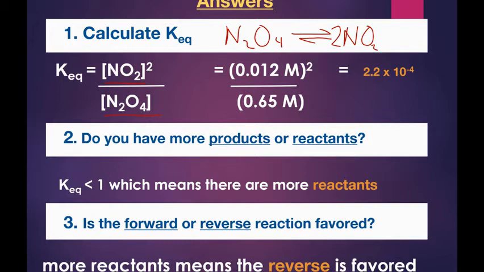So I do 0.012 molar squared divided by 0.65 molar, and that's going to give me 2.2 times 10 to the negative 4. So that gives me a KEQ of less than 1, which tells me that more reactants are favored. There's more reactants. Okay. And then also that tells me that since we have more reactants, my reverse reaction is favored. So if KEQ is less than 1, the reverse reaction is favored.